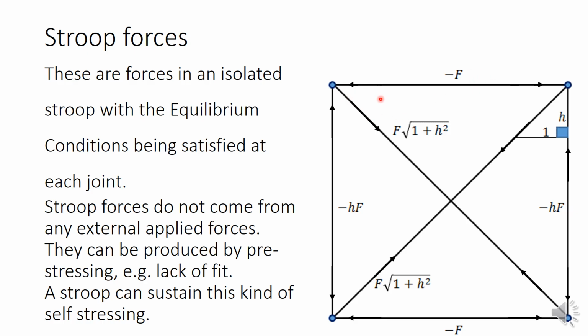Now, in my diagrams here, I use negative values for compressive forces, and positive values for tensile members. So tension is indicated by a positive value, compression by negative values.